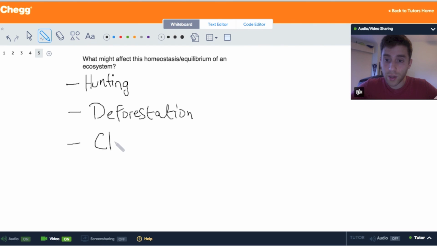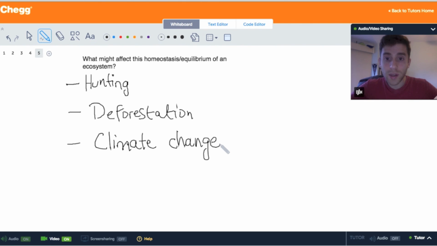Another one that's going on is climate change. So I'm sure you can imagine that the warming of the earth is causing a lot of imbalances to ecosystems, causing a lot of extinction, which is basically ruining the entire energy flow diagram of specific ecosystems.